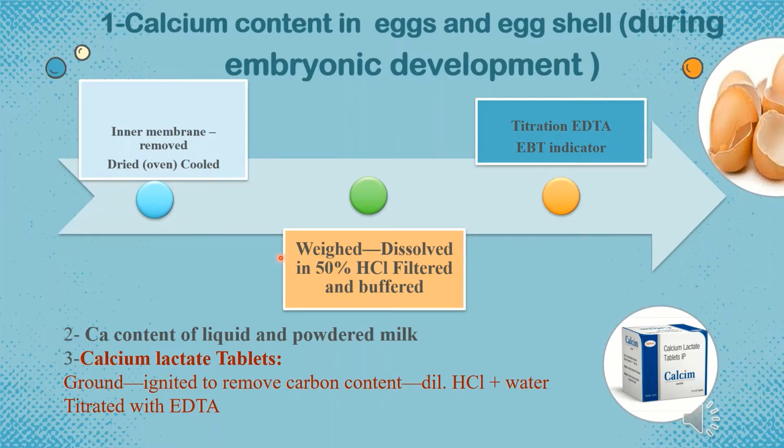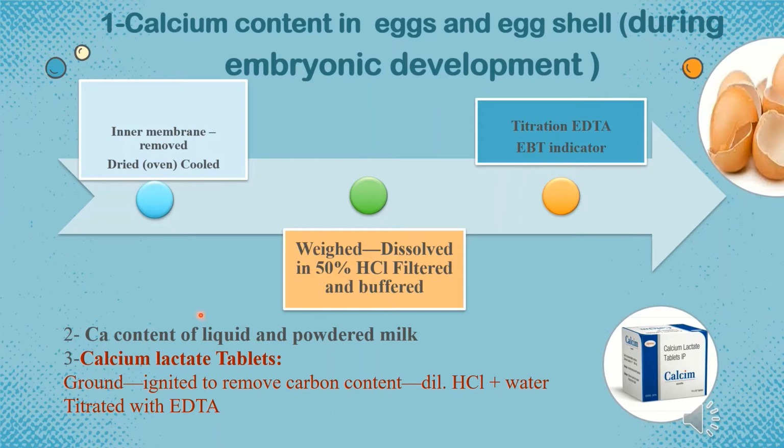It's then dissolved in 50% HCl, and the solution is filtered and transferred to another flask. It is then diluted and pH is adjusted to almost 10 with the help of a buffer. This solution can now be titrated against EDTA, and Eriochrome Black T or EBT can be used as indicator.